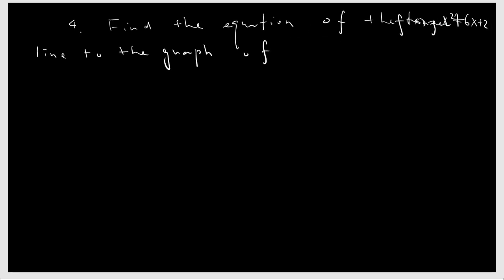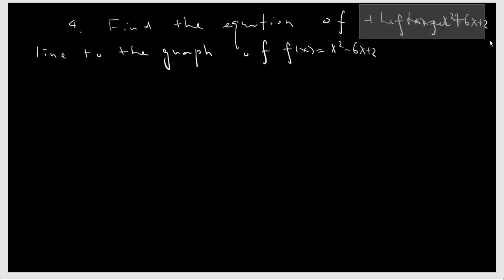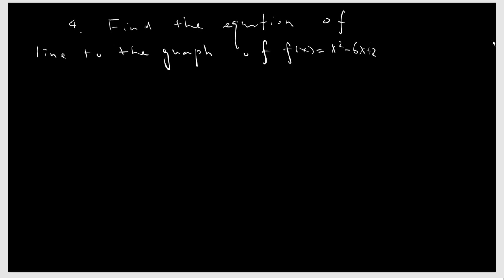It's a little messy. If I want you to find the equation of the tangent line, so that's better, to the graph of that function at the point where x equals 2, how can we do it?